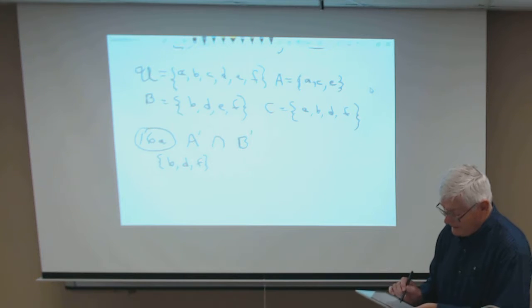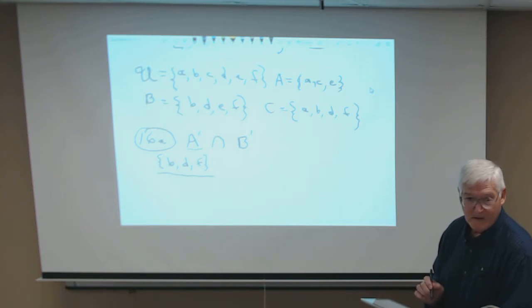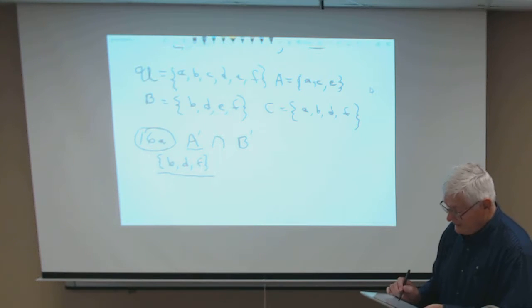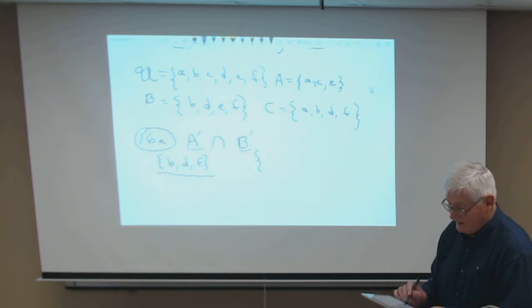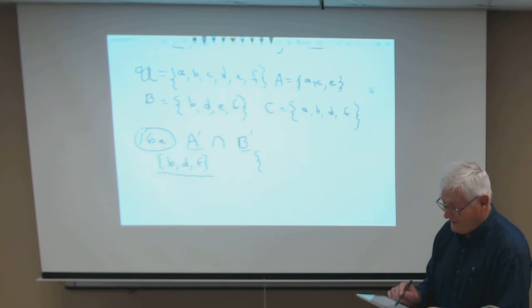So now I've written down here the complement of A. So now I come over here, and what am I going to write? The complement of B. Here's B: B, D, E, F. Here's the universe: A, B, C, D, E, F. What's in the universe that's not in B?